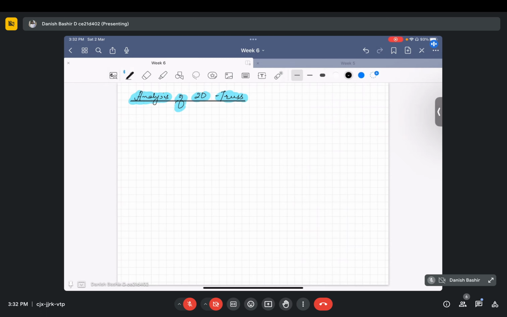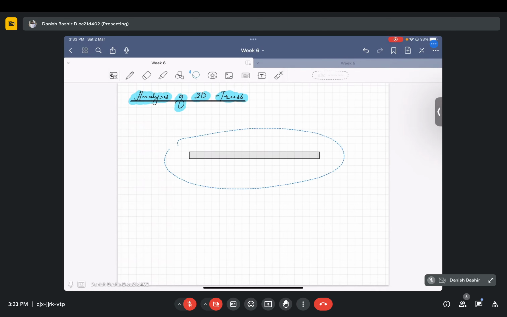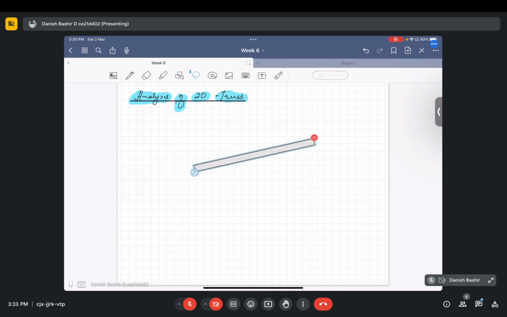so for example we have a truss member like this. This is our truss member.